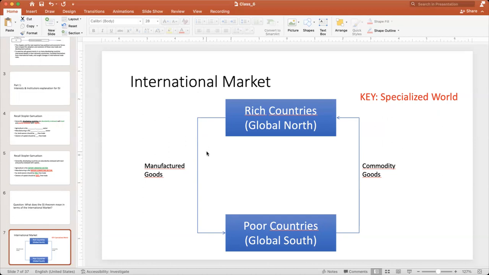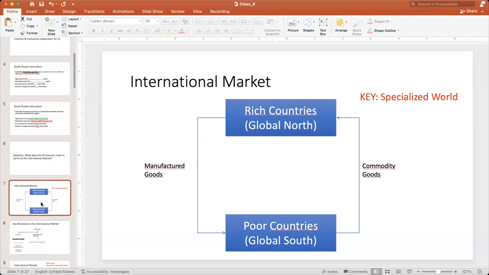So the graph that you are seeing in the slide represents the international market flows. The poor countries of the global south will produce agricultural goods and export these commodity goods to the rich countries. The rich countries will buy these commodity goods, produce manufactured goods, and export these manufactured goods to the poor countries of the global south. This is basically the main idea of our Ricardian model.